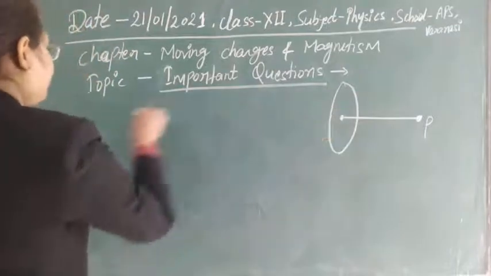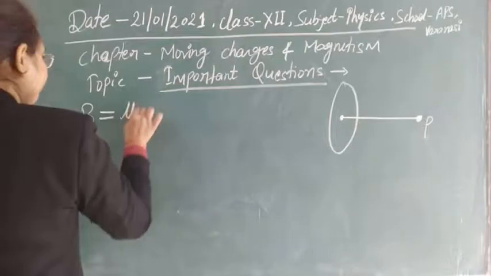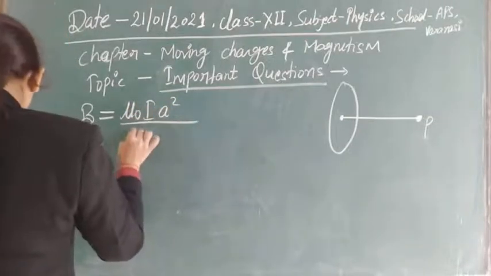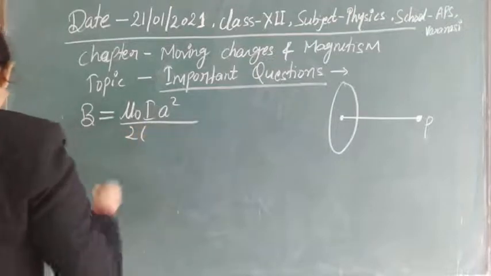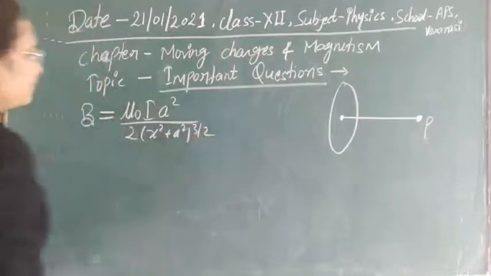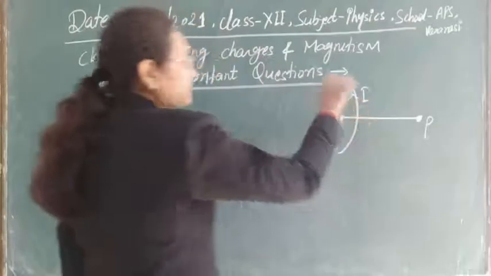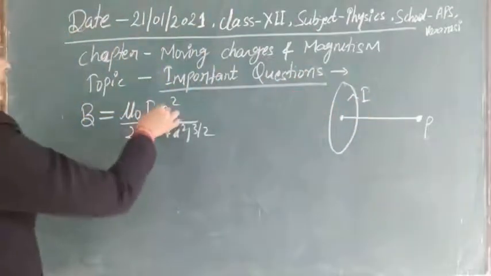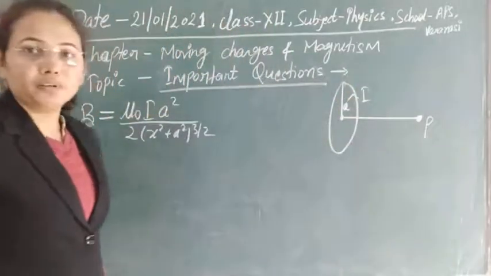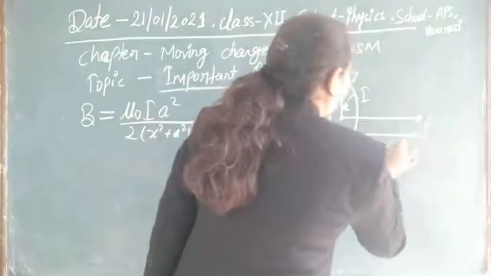Here the magnetic field at that point P is given by mu 0 I a square upon 2 times (x square plus a square) power 3 by 2, where I is the current flowing in this conductor, a is the radius of this current carrying loop, and x is the distance of this point from the center of the loop.